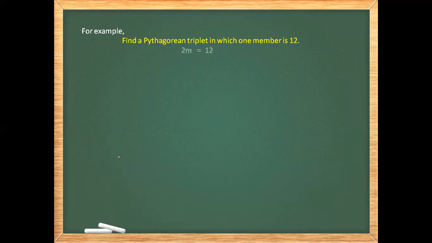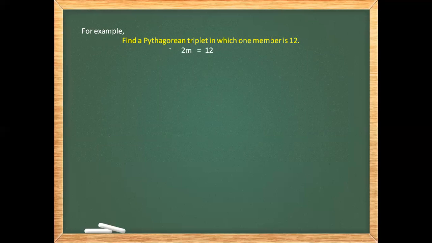Now, for example, find a Pythagorean triplet in which one member is 12. One member is given as 12, and I want to find the other ones.